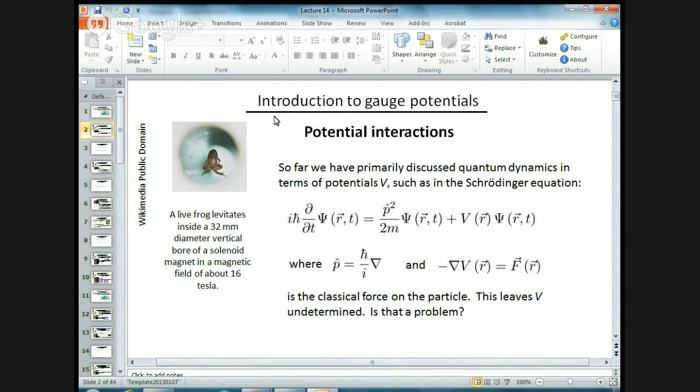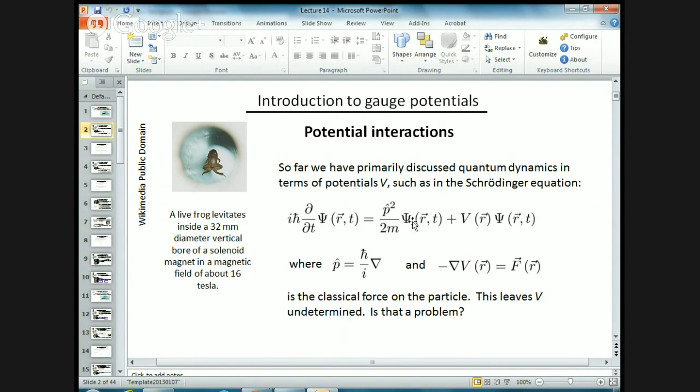Okay, so heretofore in the course, we've been dealing mostly with the Schrödinger equation, with which you're all familiar. Psi is a wave function. Its time evolution is given by this operator. P is the kinetic energy operator, traditionally represented as gradient with respect to R, and then there's a potential.